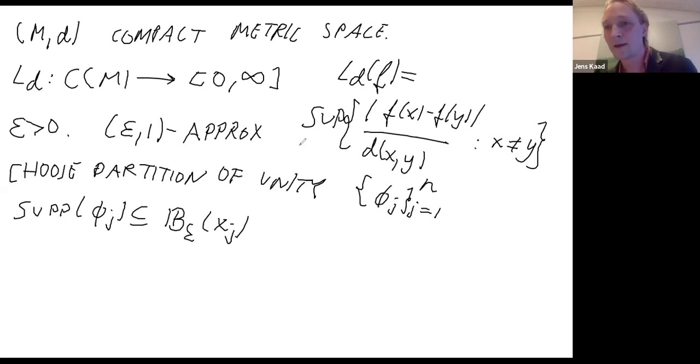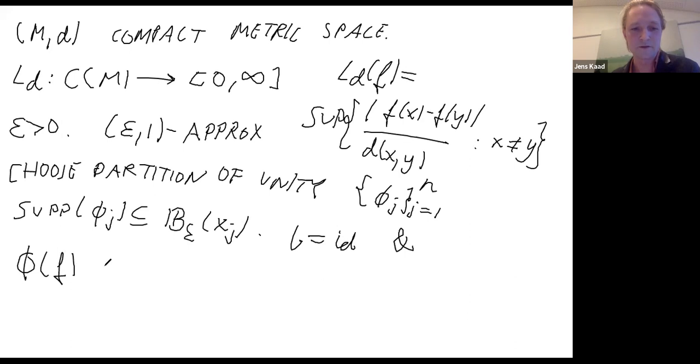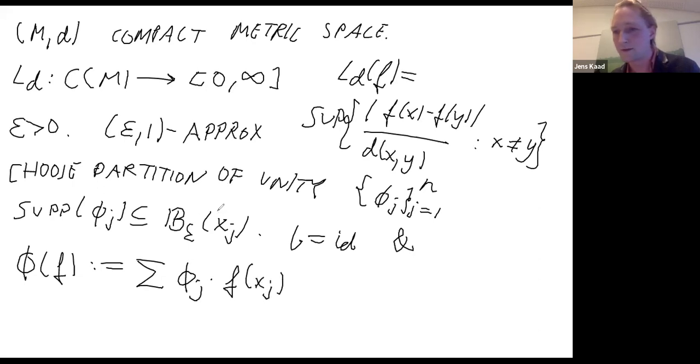This I can always choose, since I have a compact metric space. And then I put iota equal to the identity operator, and for phi I have to explain what it does to a function f. Well, I just take the sum of my partition of unity phi_j times the value of f at the center of the ball, x_j. And then this pair, iota comma phi, is my epsilon comma 1 approximation.